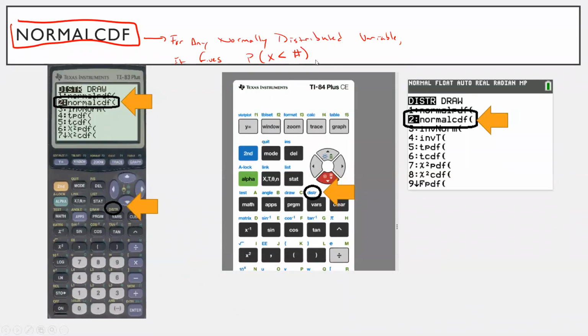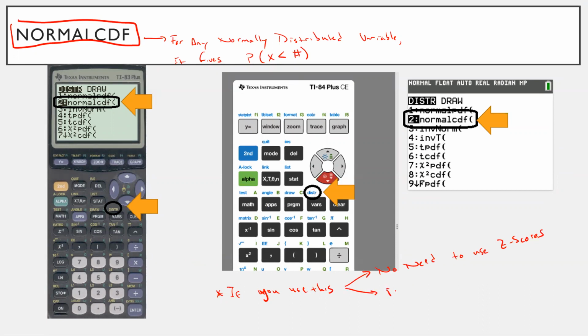So it gives the answer to the probability that X is less than any number. So what this means is if you're going to use this function in your calculator, one, no need to do z-scores. There's no need to do z-scores whatsoever.